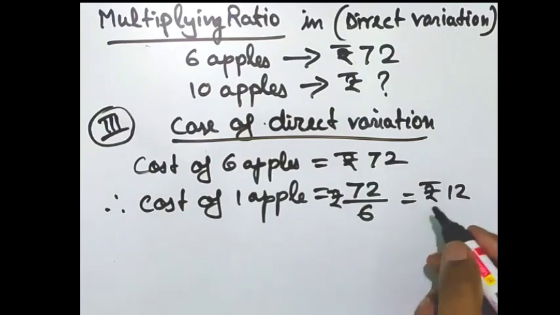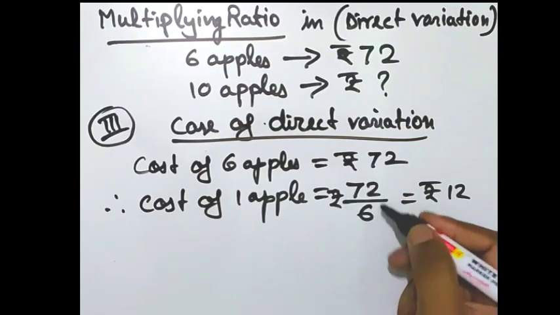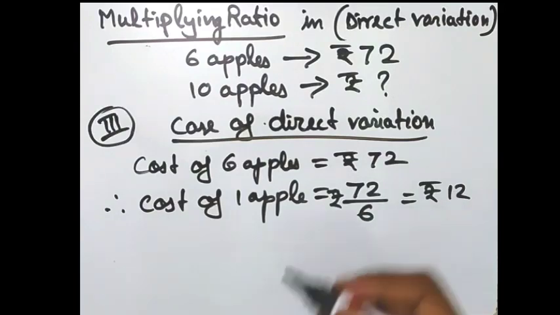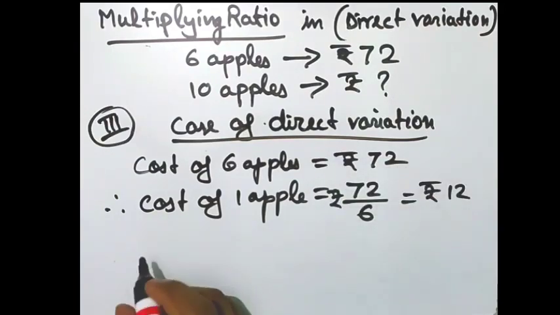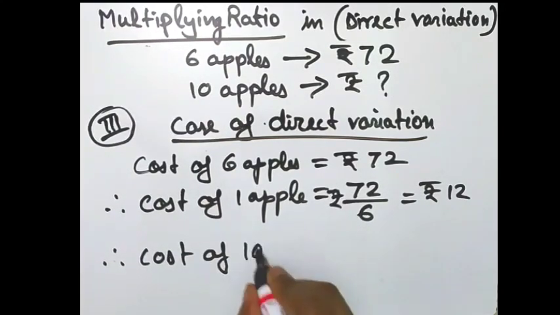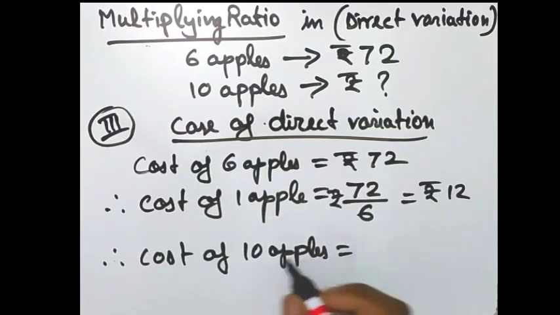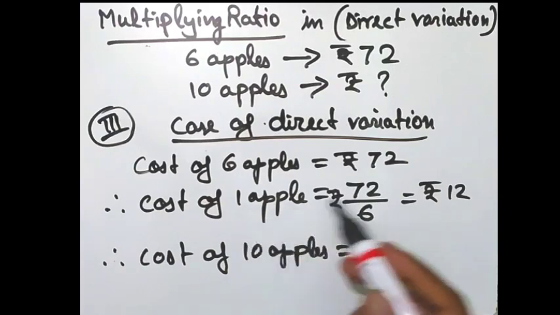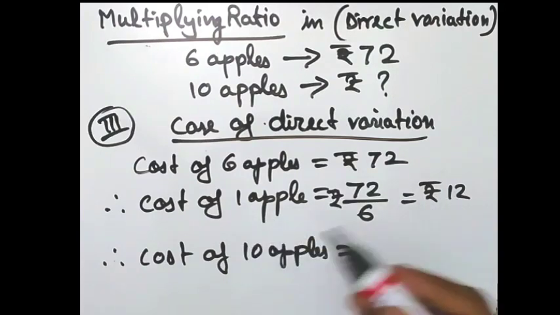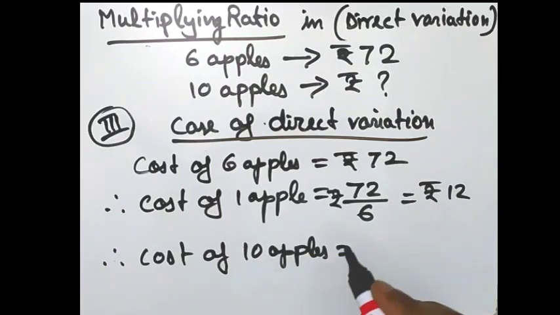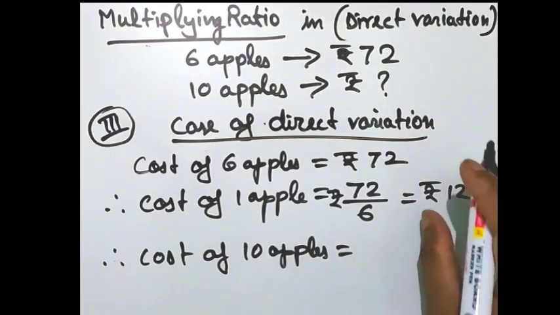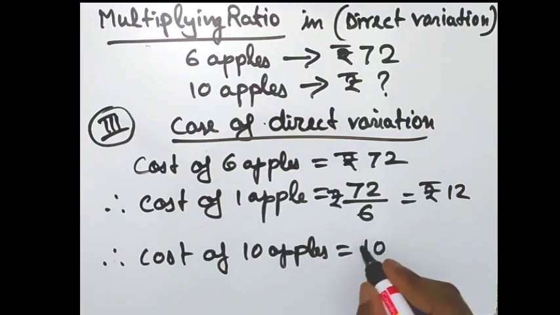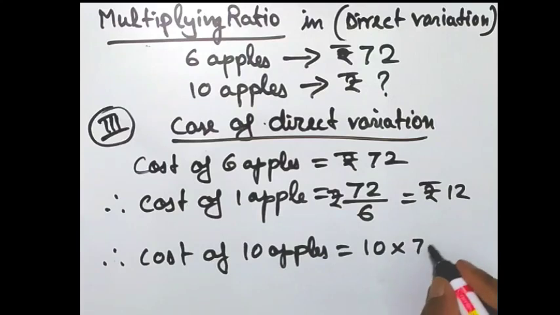For some reason I am using 72 by 6 in the next step to relate something to you. You can directly bring 12 also. So now we can find the cost of 10 apples, isn't it? If you know the cost of 1 apple, you can find the cost of 10 apples. So the cost of 10 apples will be, you will multiply by 10. The cost of 1 apple is 12, so 2 apples will be 24. If 10 apples, then 10 into 12, or in this case I am not bringing 12, we are just multiplying 10 into 72 by 6.